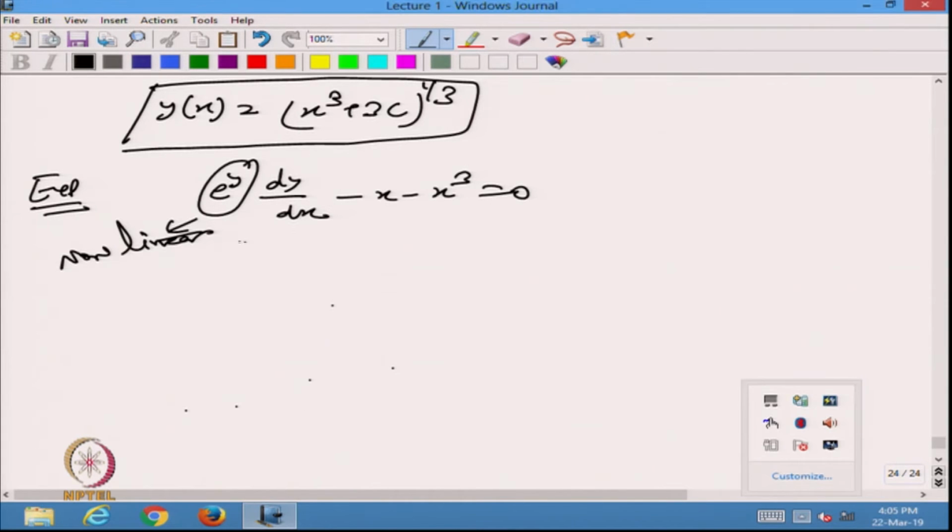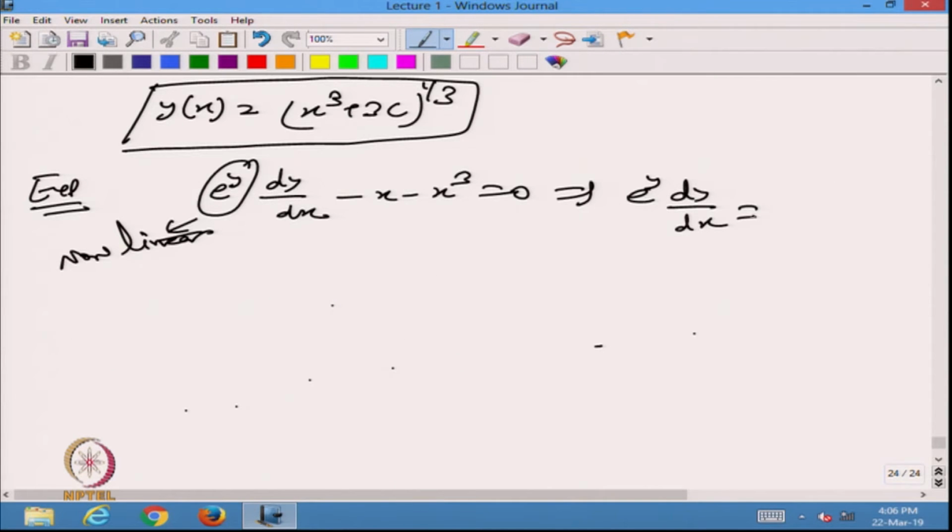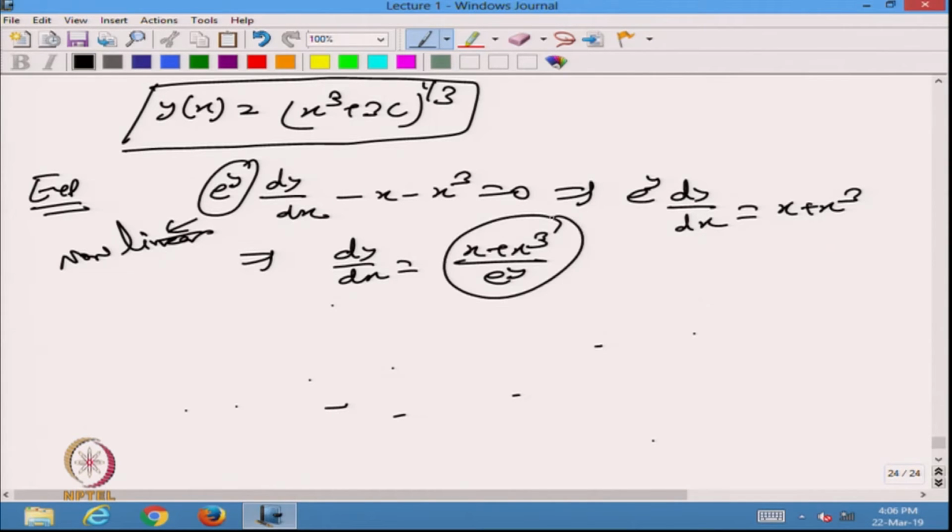So, from here, I can write this equation in the standard form, and this is the separable form. So, from here I can write dy by dx is equal to x plus x cube by e raised to power y. So, in this case this is a separable form.